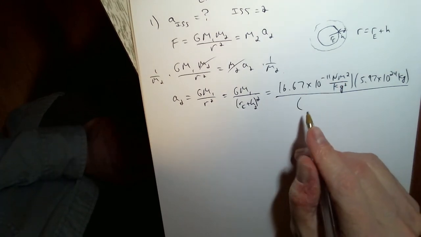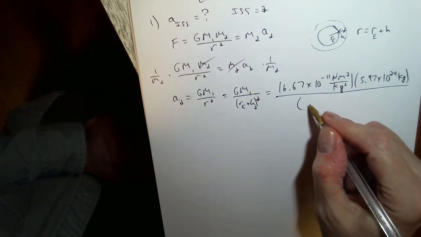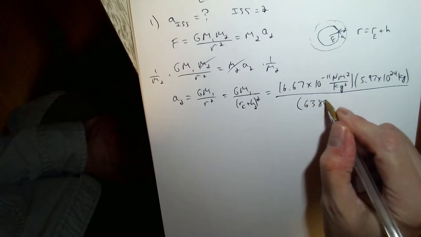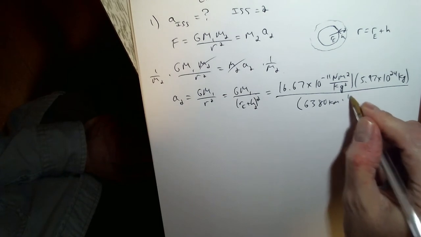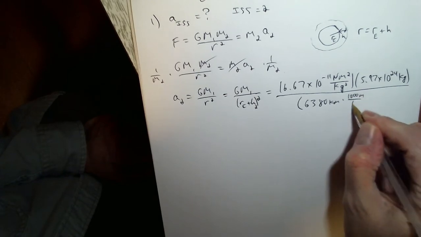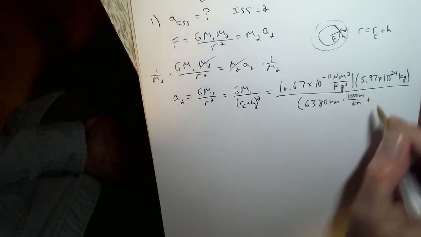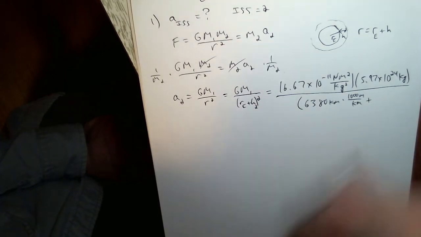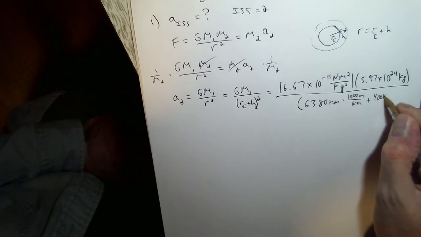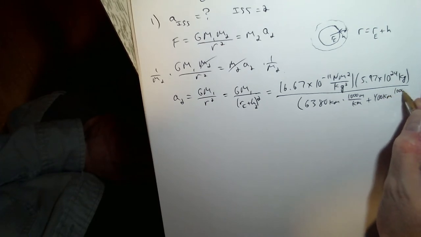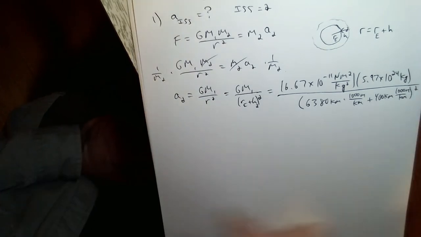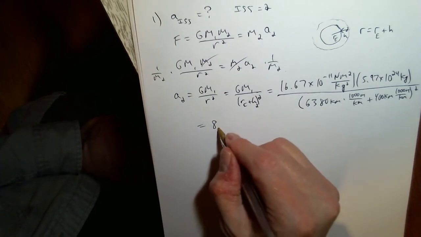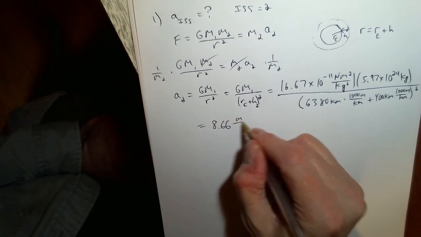Radius of the Earth is 6,380 kilometers times 1,000 meters per kilometer, plus the height of the International Space Station, which is 400 kilometers times 1,000 meters per kilometer, and the whole thing squared. And if we plug that into a calculator, we come up with 8.66 meters per second squared.